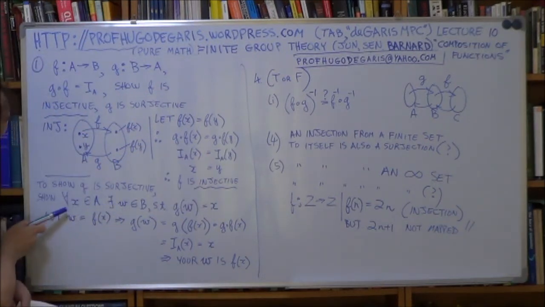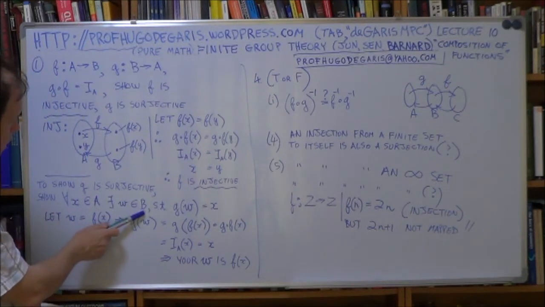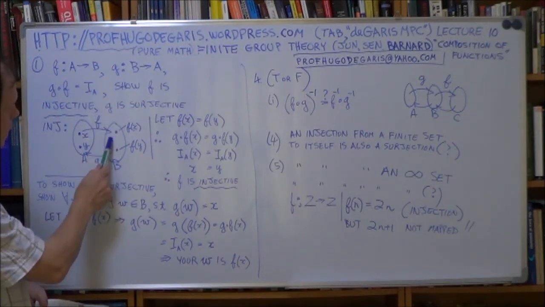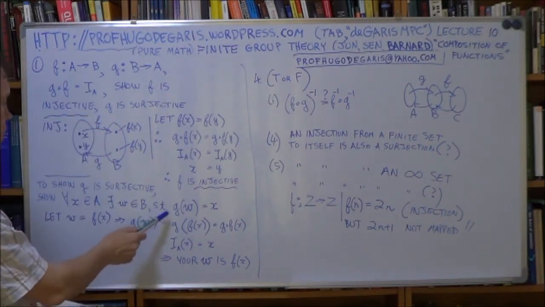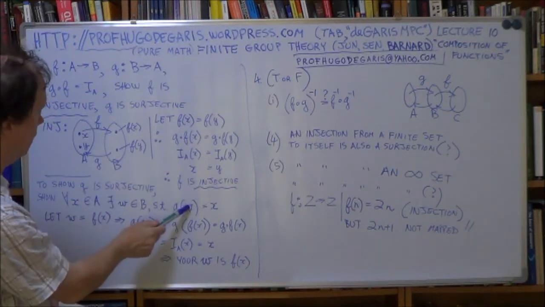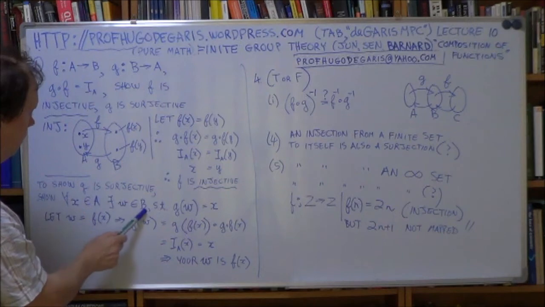So for any x in your codomain, there's an element in your domain, your starting set, which in this case is B. We're starting here and mapping that way, right? So that G maps that element, let's call it W, right? So there is some element W in your domain.